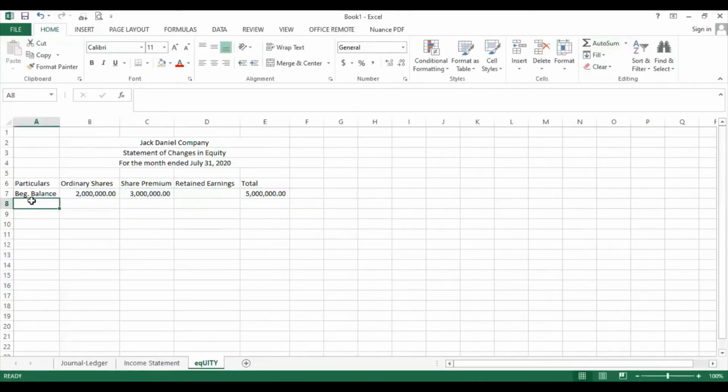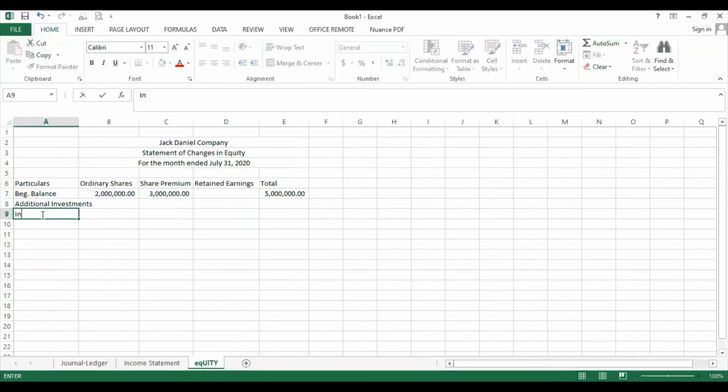Then you will write all the possible transactions that will affect equity. So of course it's additional investments, and you will also have your income for the year.